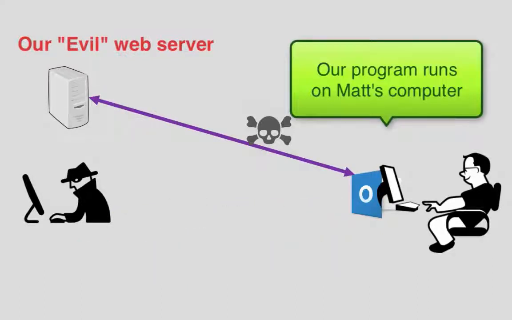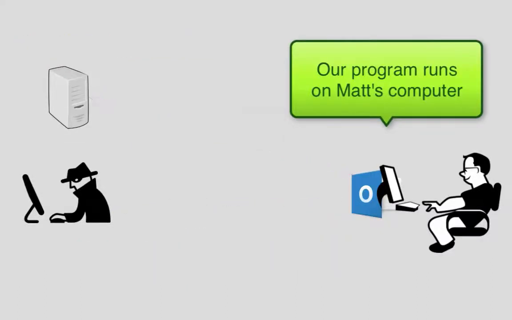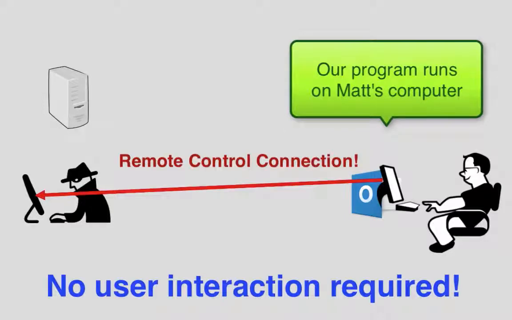And when Matt runs that program on his computer, it will make a remote control connection to us, and we'll have full control over Matt Bishop's computer. All of this is done with Matt Bishop having no idea this occurred in the background. Unless he looked at his rules, he would have no idea that we created this evil Outlook rule.